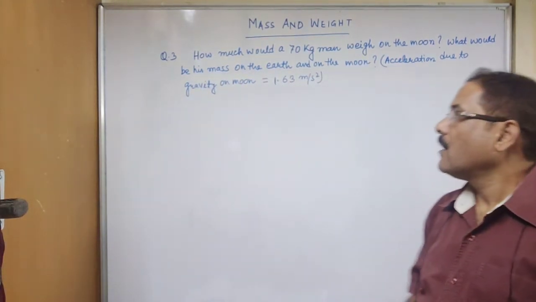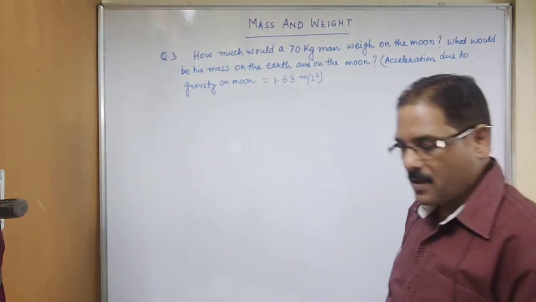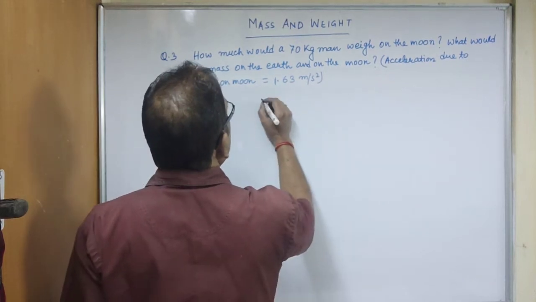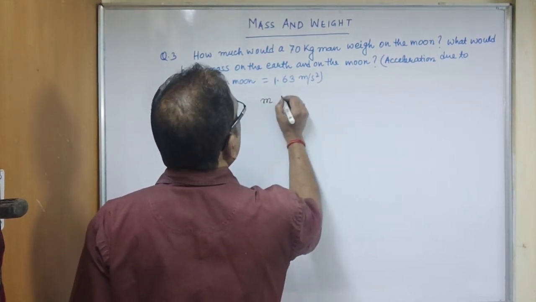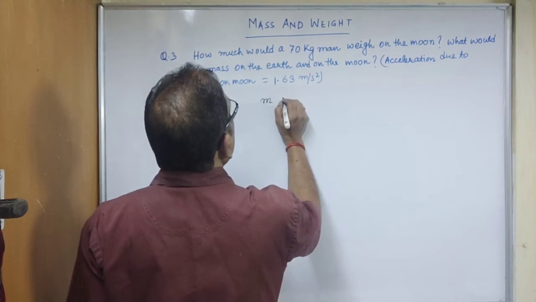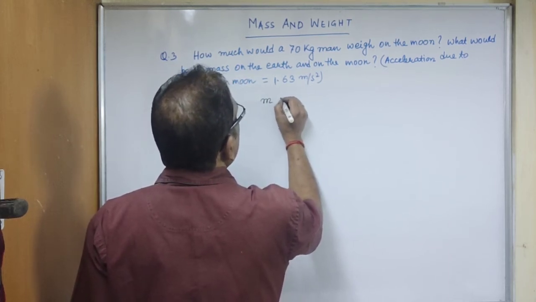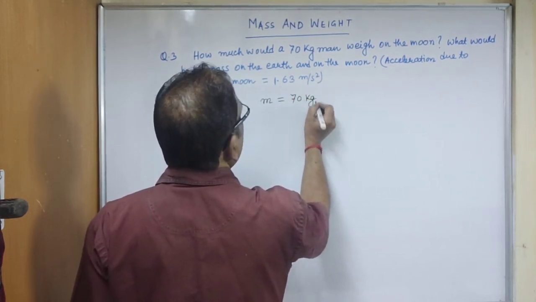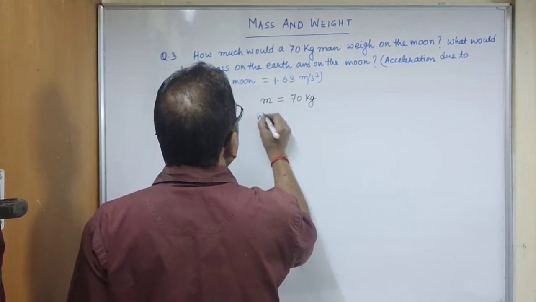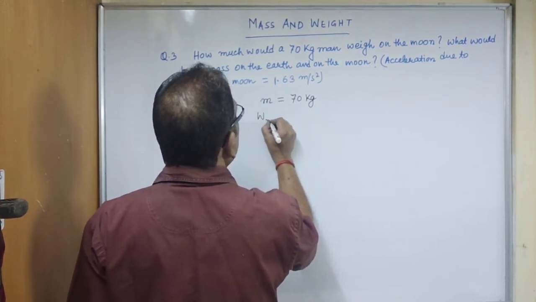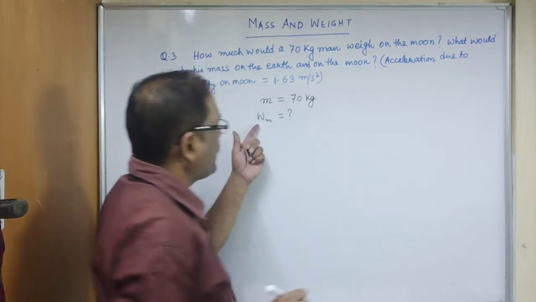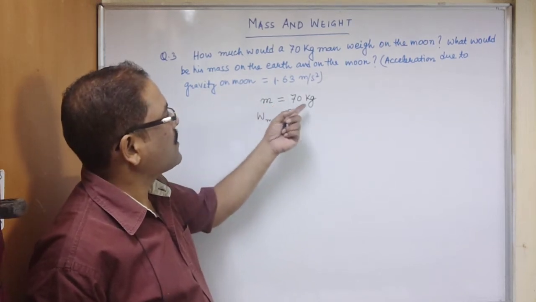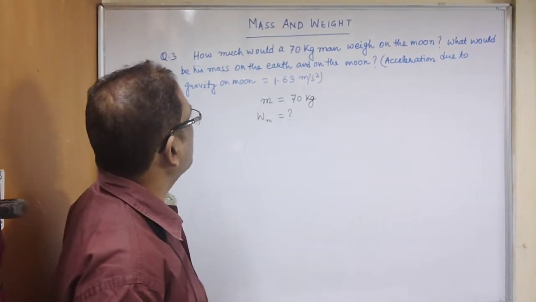First of all, the mass of the man is given: 70 kg. You have to calculate its weight on the moon. I am writing Wm, weight on moon, which you have to calculate.